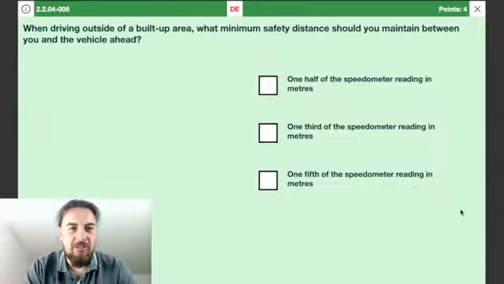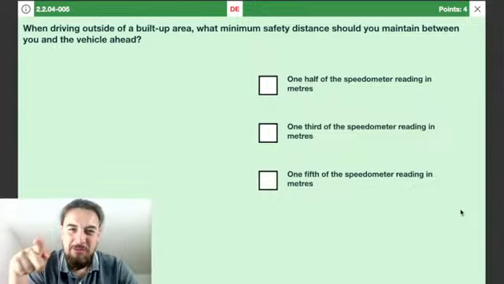When driving outside of a built-up area, what minimum safety distance should you maintain between you and the vehicle ahead? 1/2 of the speedometer reading in meters, 1/3 of the speedometer reading in meters, 1/5 of the speedometer reading in meters.